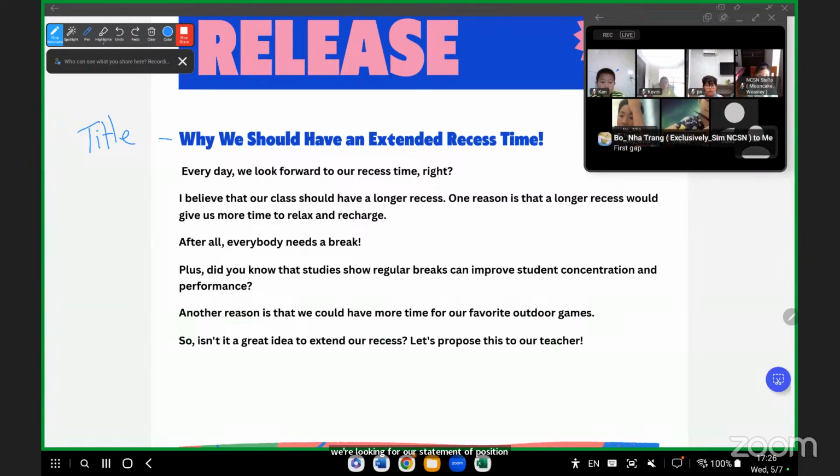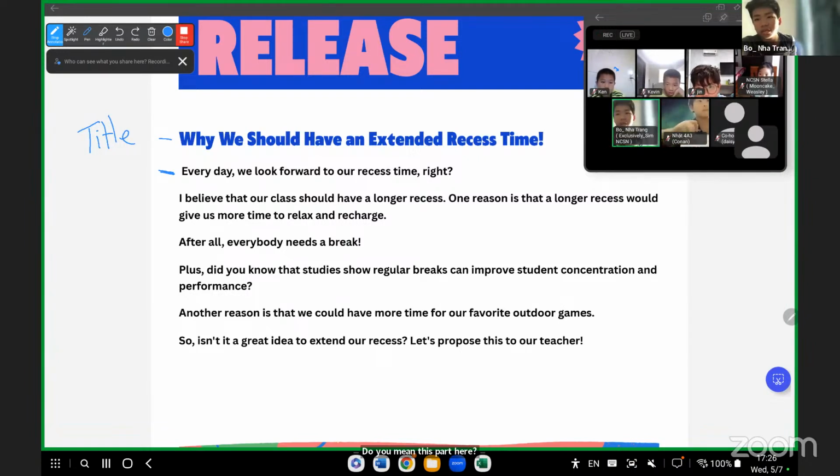Ken, did you? First gap, Bo, can you explain that for me, please? Do you mean this part here? Yeah. Ah, no, that's not our statement of position, because that's asking a question.